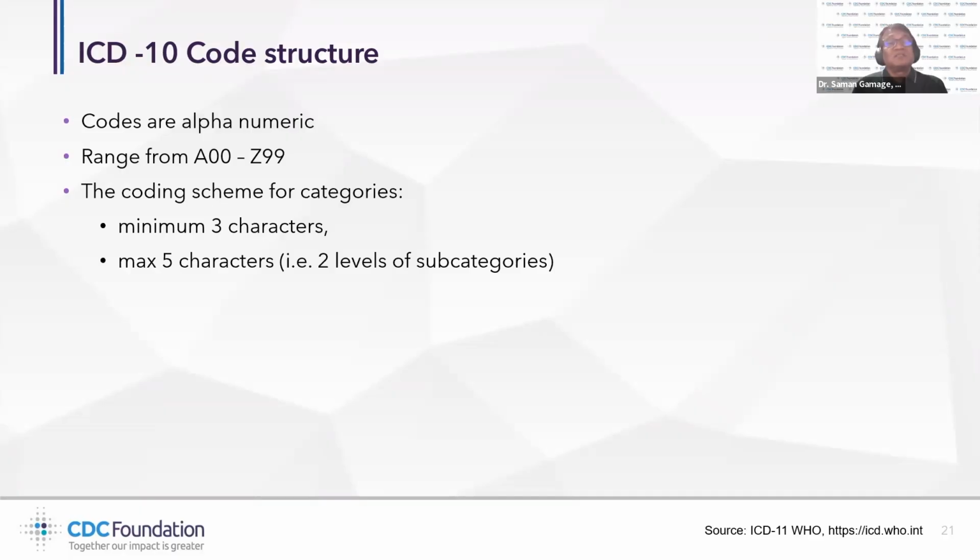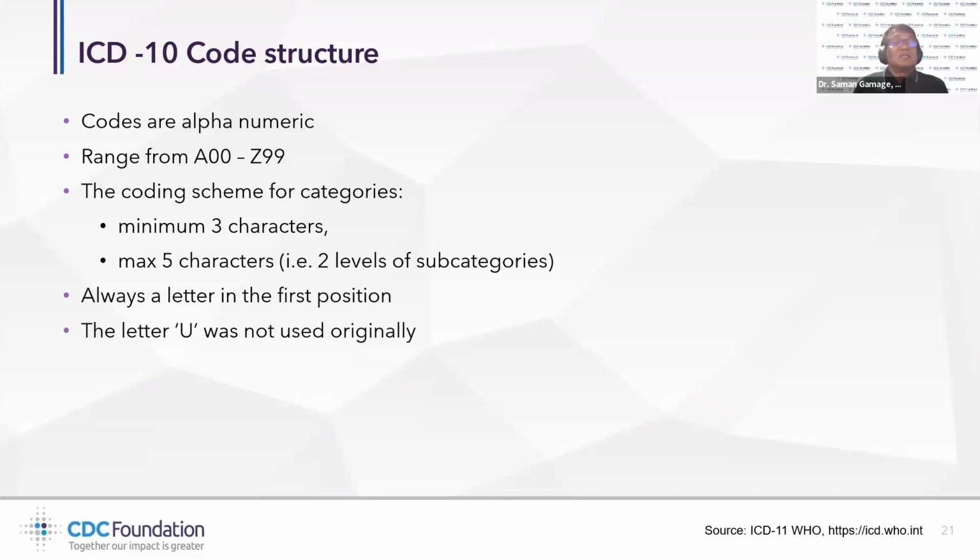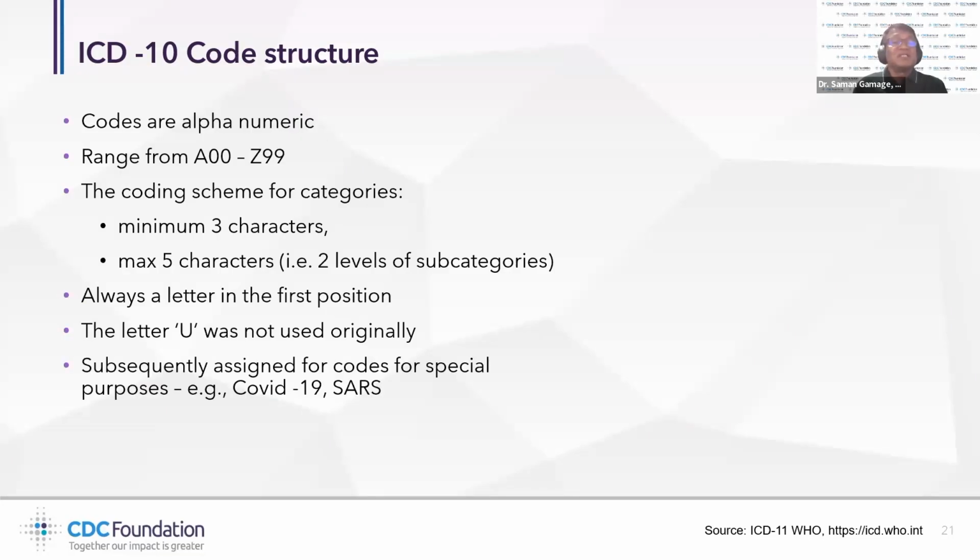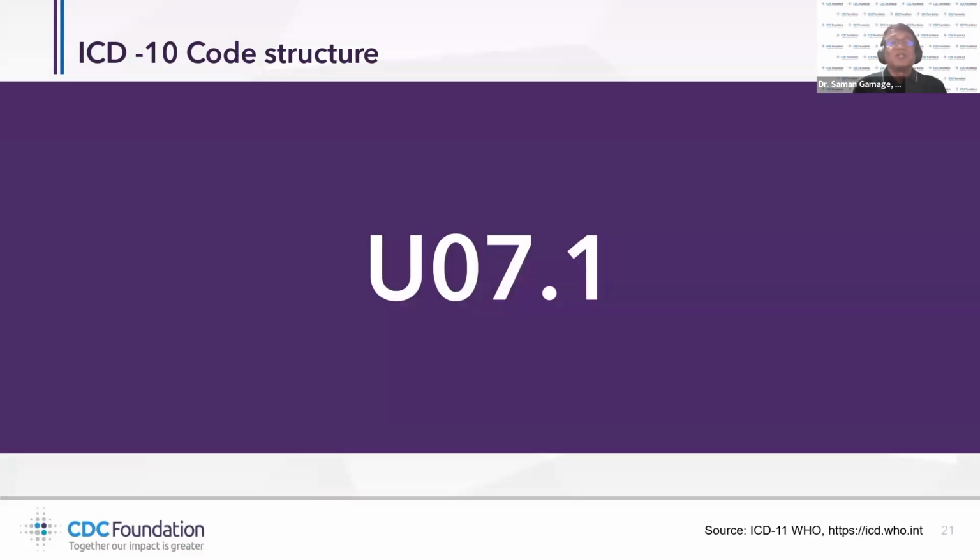That is 2 levels of subcategories. There is always a letter in the first position. The letter U was not used originally. Initially it was not used, but later it was added in chapter 22, subsequently assigned for codes for special purposes. For example, for COVID-19 and SARS, severe acute respiratory syndrome. So here is an example.